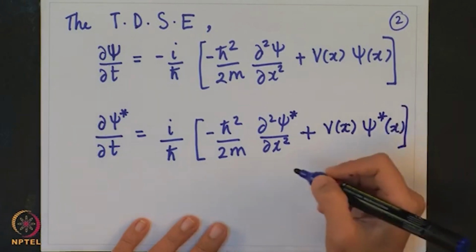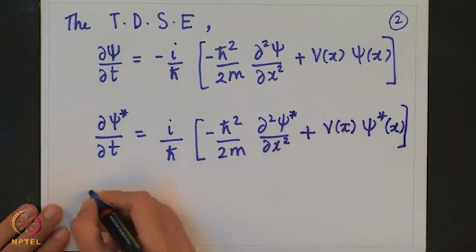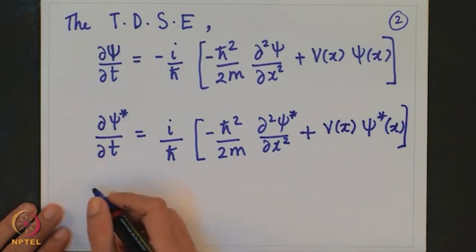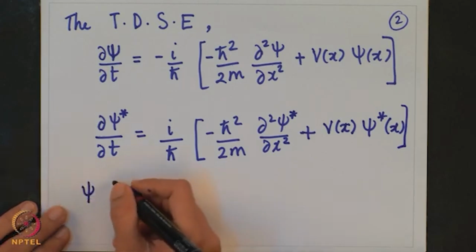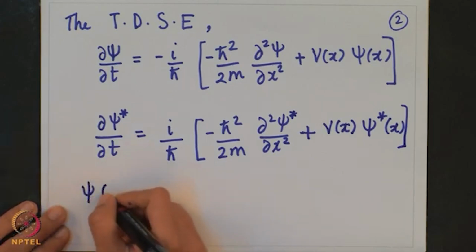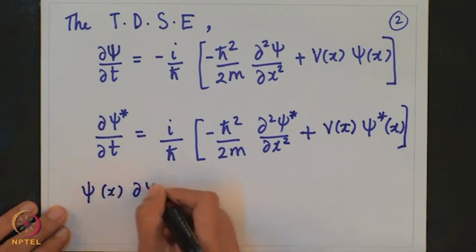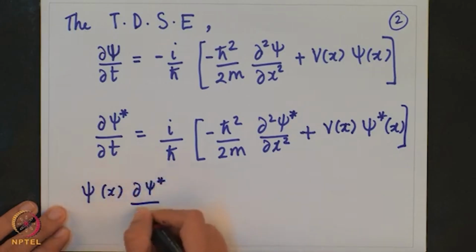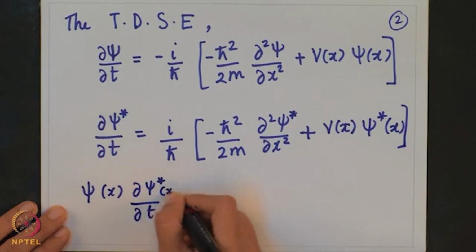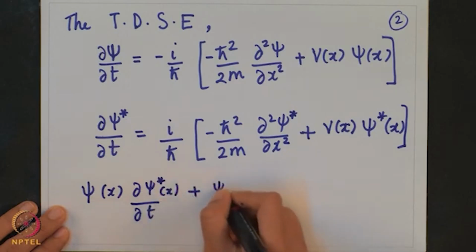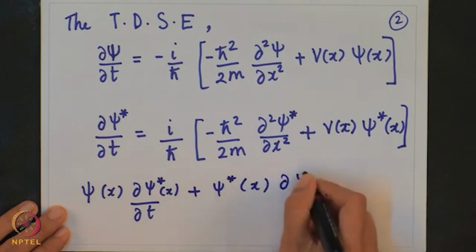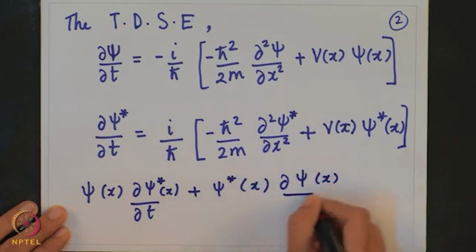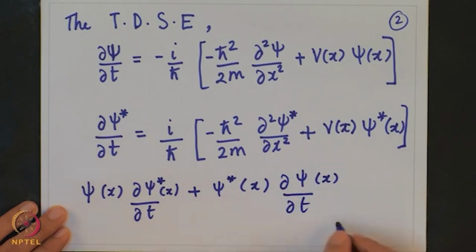Now what we have to do is write this in the form of the current density. So what was the expression for the current density? It was of this form: psi of x dou psi star by dou t plus psi star of x dou psi of x by dou t. You have to evaluate this.